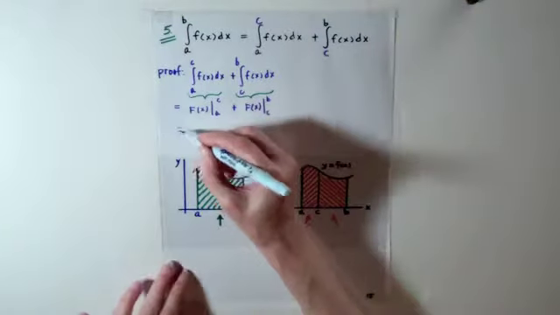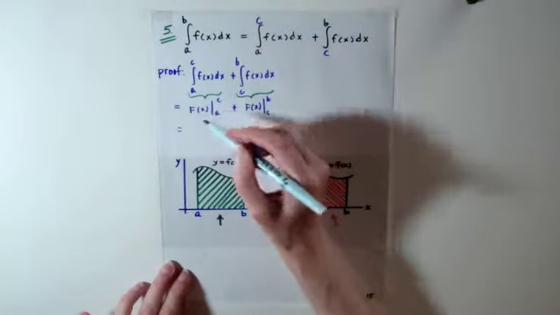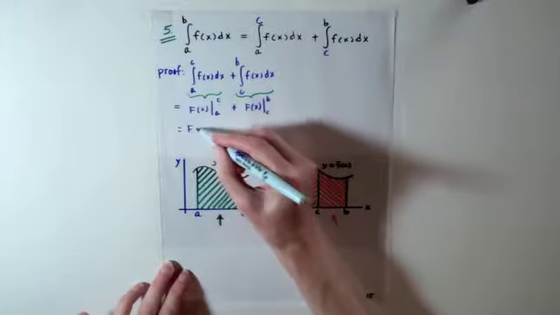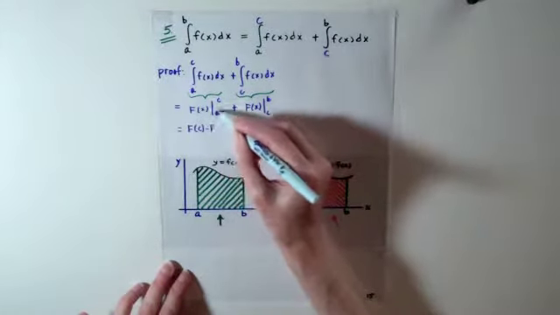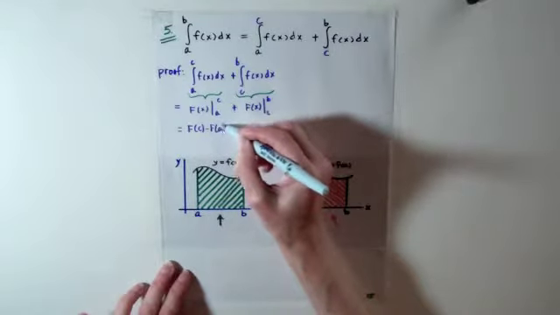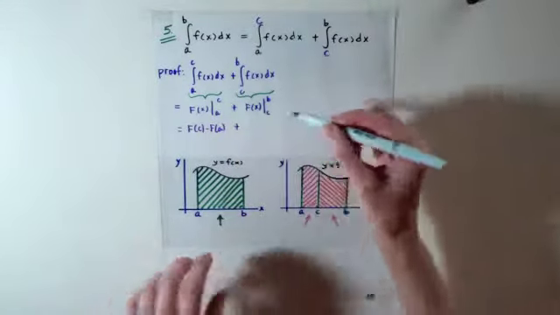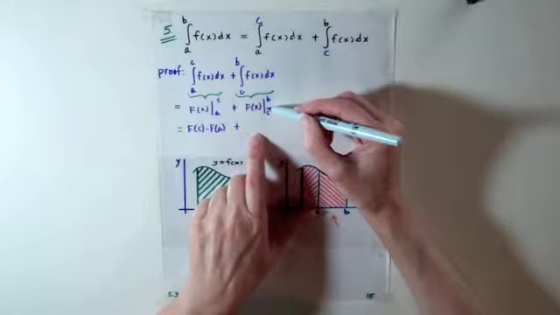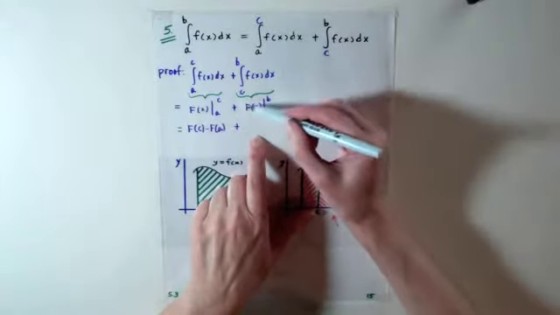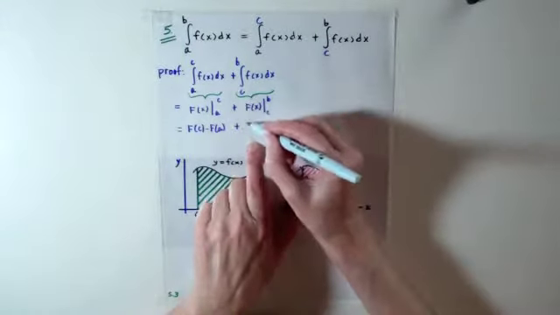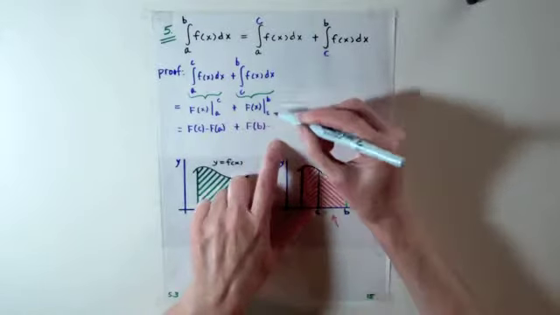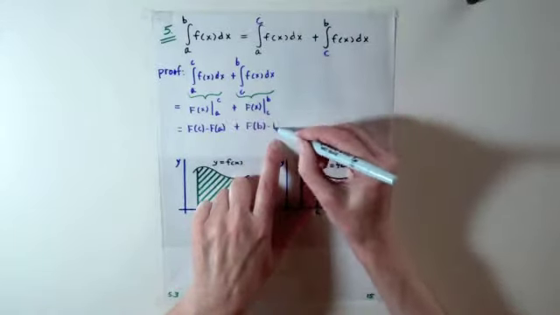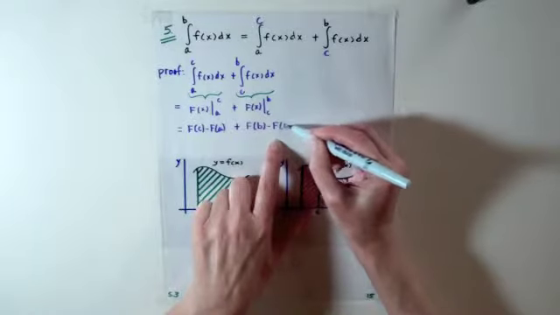Well, that means when I plug in my upper limit here, I would start with capital F of c, and I would subtract the value at the lower limit, F of a. And the same thing for this second integral: I would do F of the upper limit first, so I'd have F of b, and I would subtract the value at the lower limit, F of c.